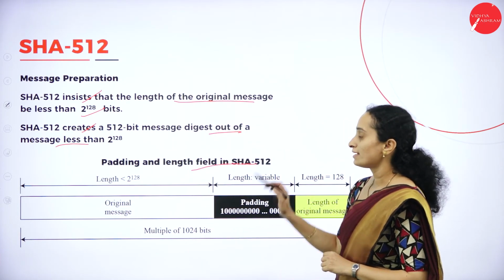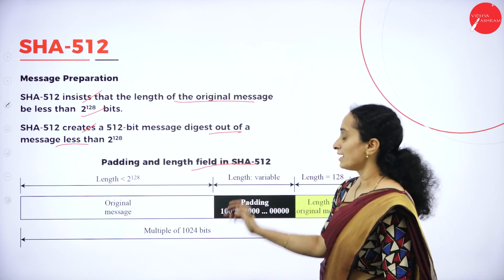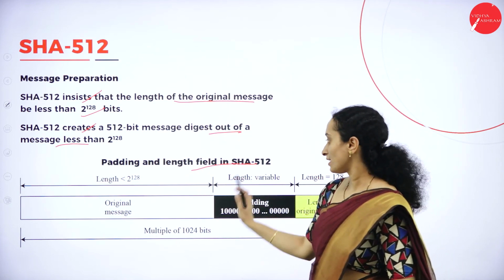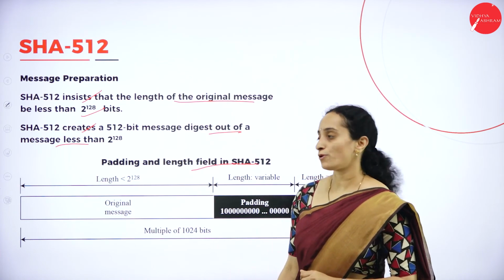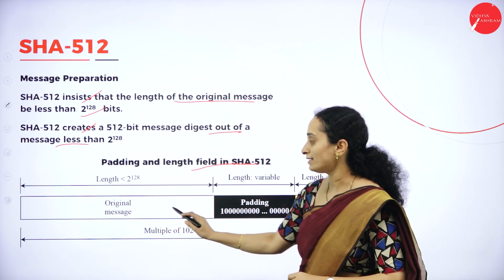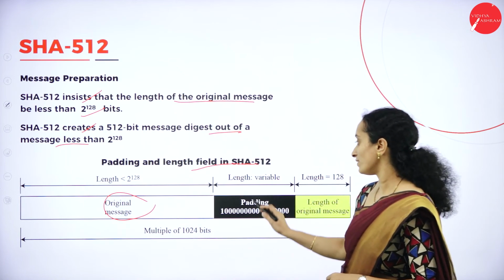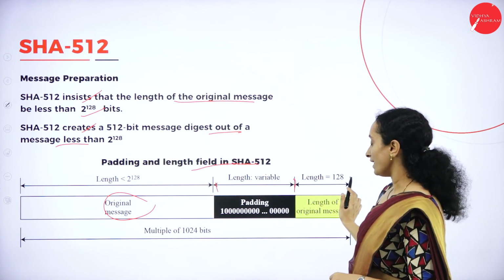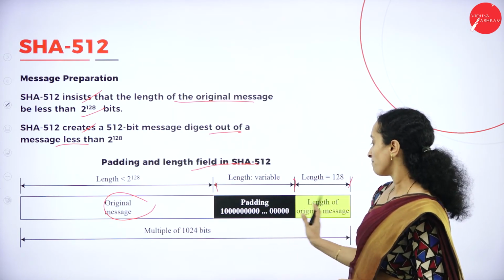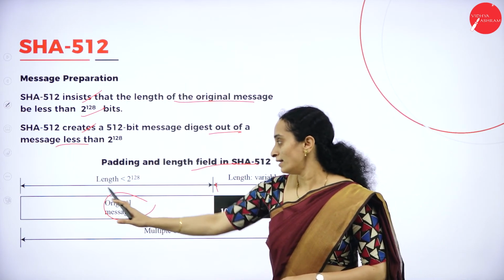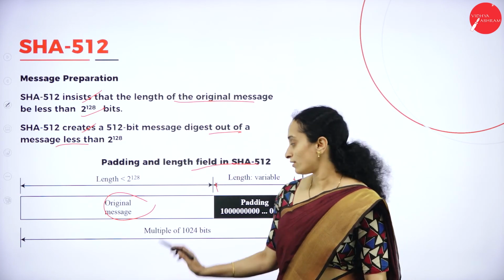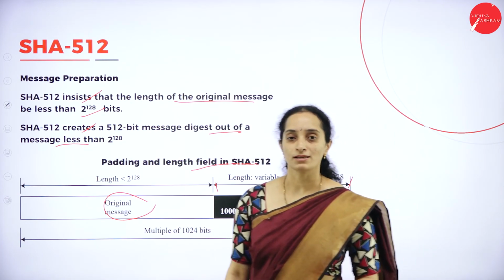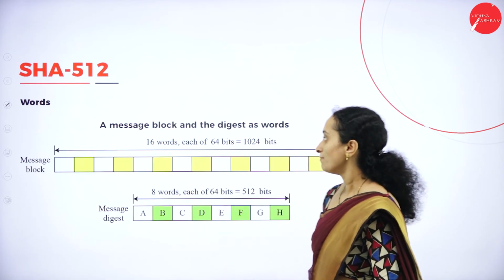So we have this representation of padding and length field in SHA-512. This is the original message we get. The variable length padding will be added to the original message. We get a multiple of 1024 bits out of the original message.